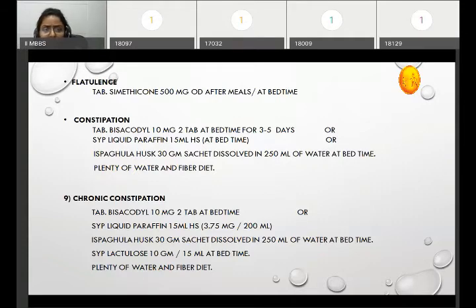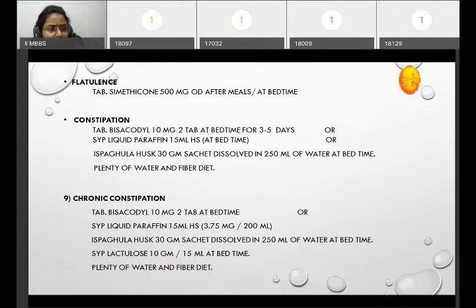Its dose is 500 milligram, given once a day after meals or at bedtime. So this dose of simethicone is higher for flatulence. In case of dyspepsia also, we give simethicone, but the dose there is very less, just 150 milligram, while the higher dose is given for flatulence.